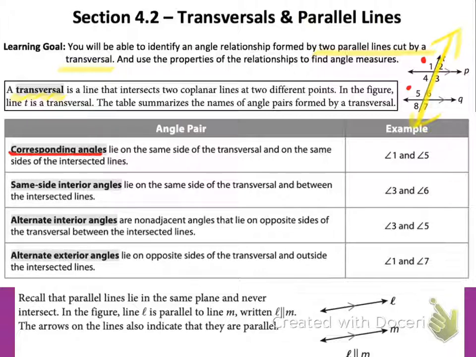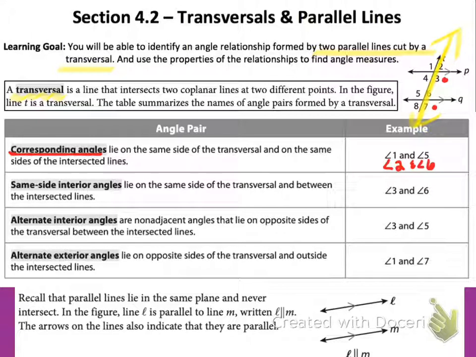And there actually are other pairs here. There's actually 3 other pairs. We could now say 2 and 6. So angle 2 and angle 6 are also corresponding. There's 3 and 7.